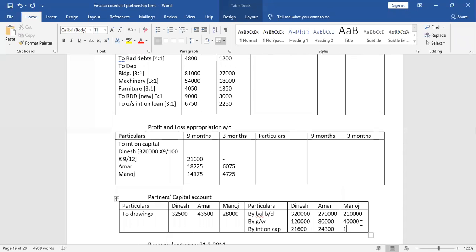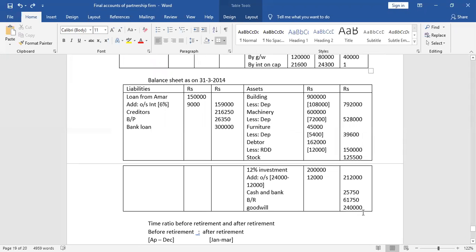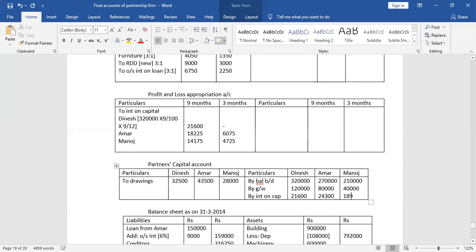You will get 18,900. This is done. Now we have to calculate the profit.